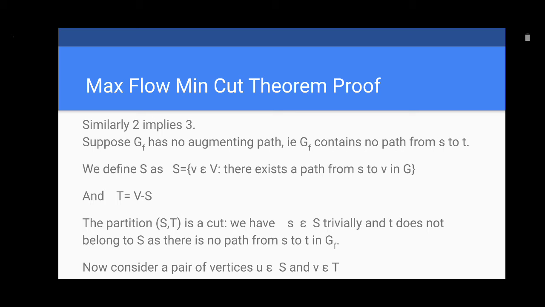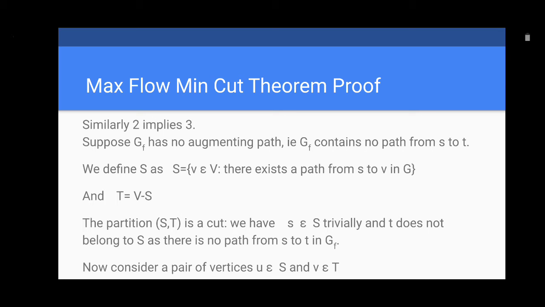Now we define capital S as the set of all vertices small v such that there exists a path from s to v in Gf, and T is equal to V minus S, that is, the difference of the sets of vertices V and S. The partition (S, T) is a cut. We have s belongs to S trivially and t does not belong to S, as there is no path from s to t in Gf, that is, the residual network.